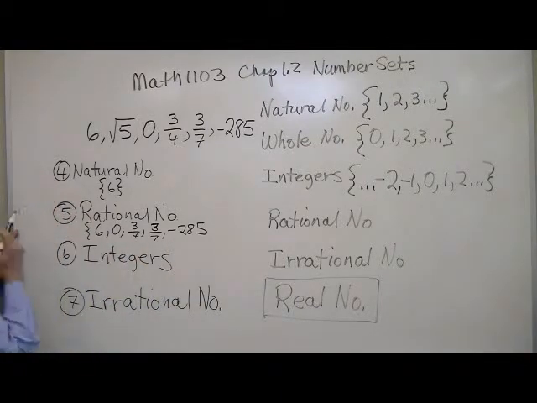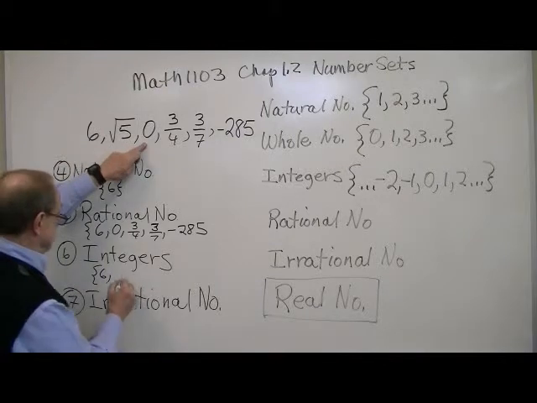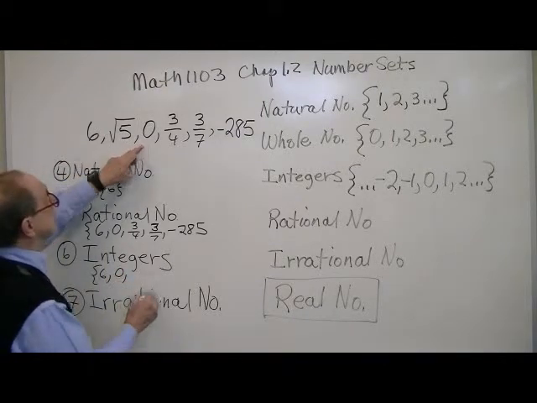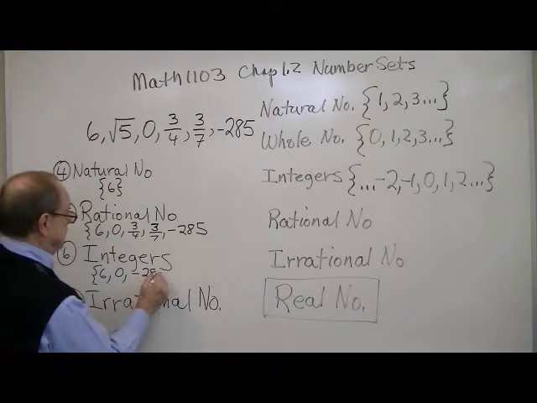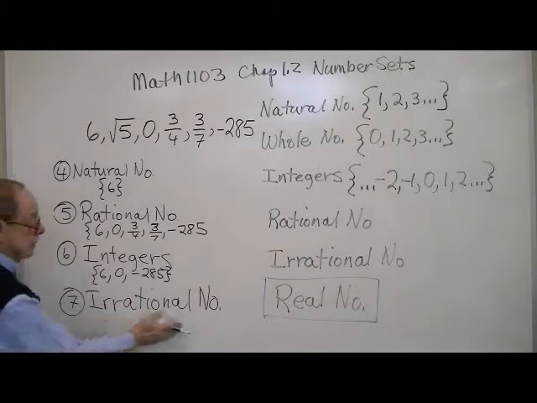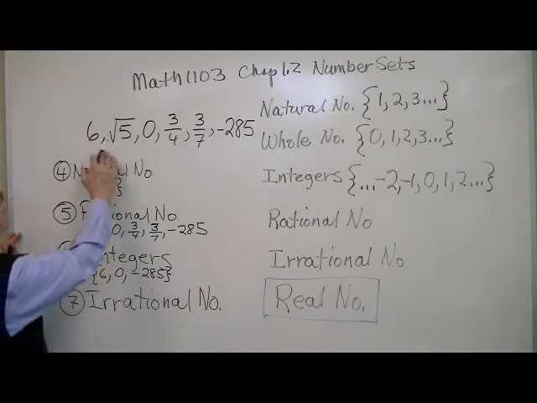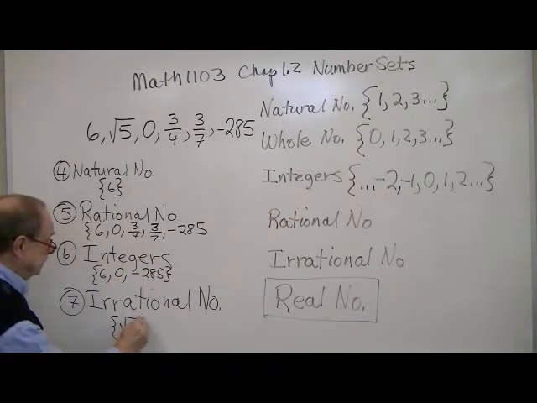Integers. Well, that would be 6. 0 is an integer. And a negative 285. And irrational numbers, we only have the square root of 5.